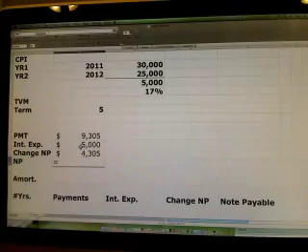So you take your present value, which was in 2011, subtract from it your change in the note payable, which is the $4,305, which gives you your new note balance. Your new note balance is actually the difference of your first annual payment from the present value. It reduces it by that change.